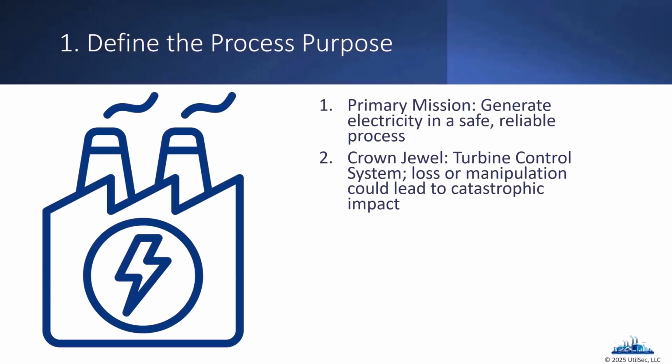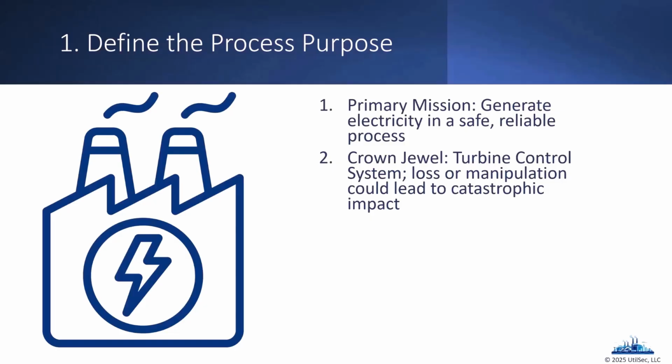And we do have to be able to monitor and control it, because if we lost visibility, if we lost the ability to control the turbine, then it would be a catastrophic impact. What if that turbine became damaged, and there's a 3-year waiting list to replace it? You really want your power plant down for 3 years? That would be absolutely catastrophic to the communities that you were actually delivering power to.